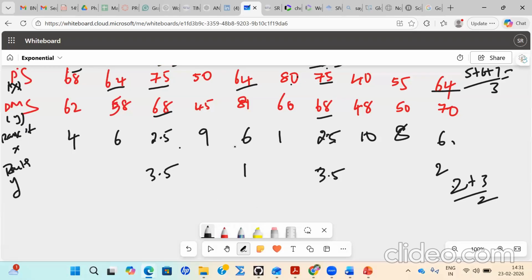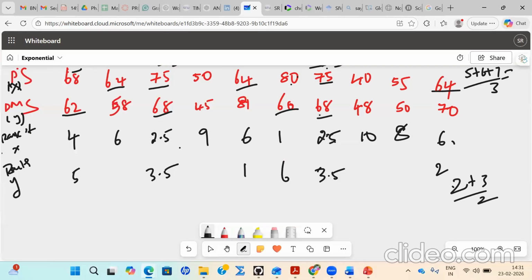The next highest is 62. So till where is it done? 4 is already done. Next is the 5th rank. Next is 58. Oh no, 60 is there. Sorry, 60 is there. For 60, the rank is 6.